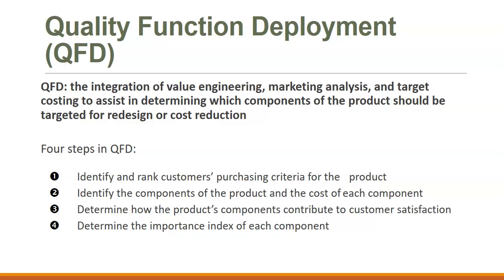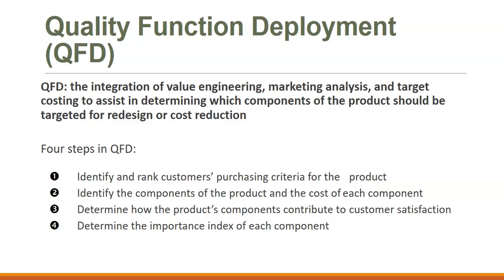We also have quality function deployment. So QFD is the integration of value engineering that we discussed earlier in the chapter, marketing analysis, and target costing. So we bring all of those together to determine which components of the product should be targeted for redesign or cost reduction.